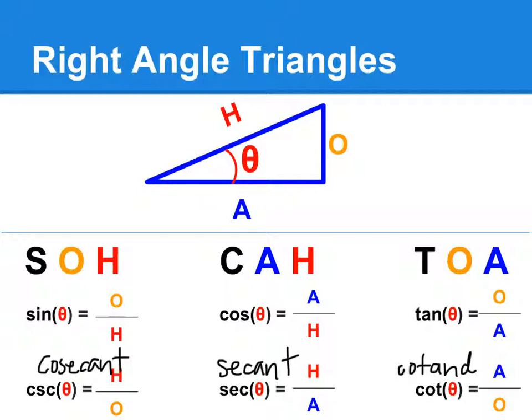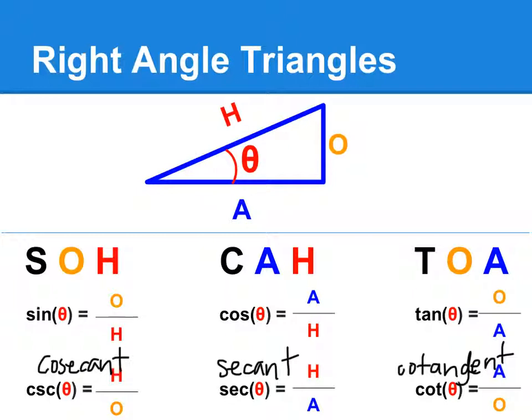The partner of sine is cosecant, the partner of cosine is secant, and the partner of tangent is cotangent. Ooh, I don't know why I spelled that wrong. Cotangent. But anyways, the cool thing about these is that it's just the opposite of the partner. So cosecant would be hypotenuse over opposite. Secant would be hypotenuse over adjacent, and cotangent would be adjacent over opposite.